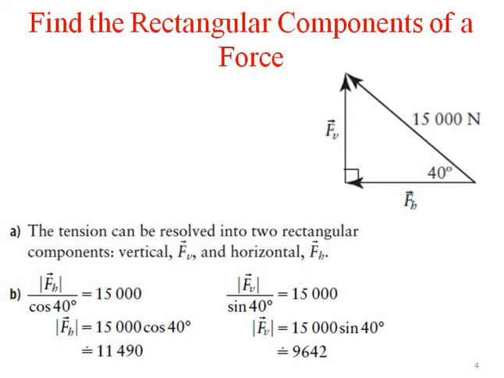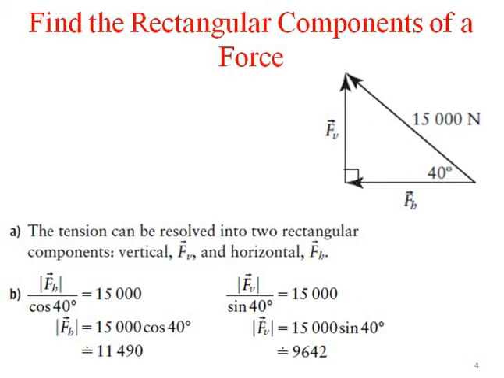So how to find out? Based on trigonometry and the definition of sine and cosine, we can say cosine 40 equals adjacent divided by hypotenuse. So cosine 40 is going to be adjacent, which is horizontal force, divided by 15,000. So therefore we can say horizontal force is going to be equal to 15,000 times cosine 40. On the other hand, for vertical force, we can say sine 40 equals opposite divided by hypotenuse.